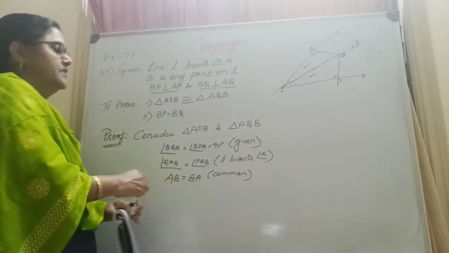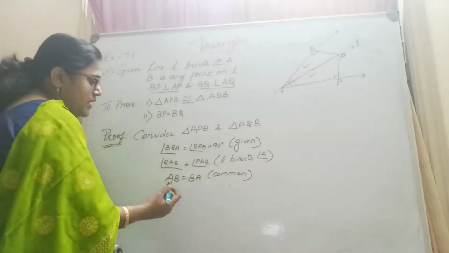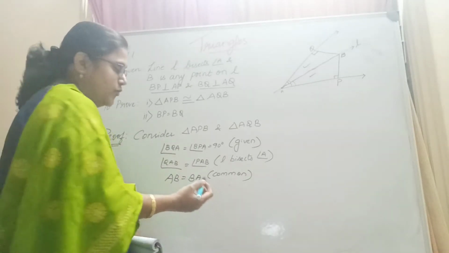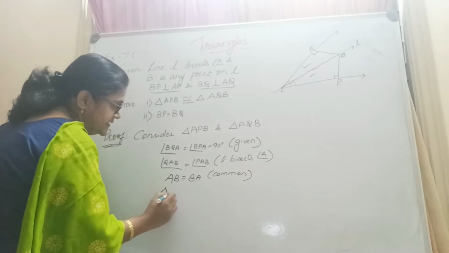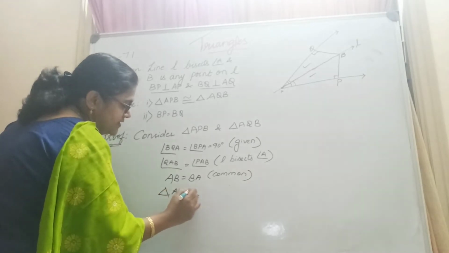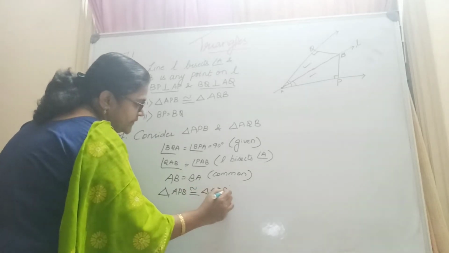So I have written here AB is equal to BA, common. Now I have three pairs of information to prove that the triangles are congruent. Fine. Now I will say that triangle APB is congruent to triangle AQB.